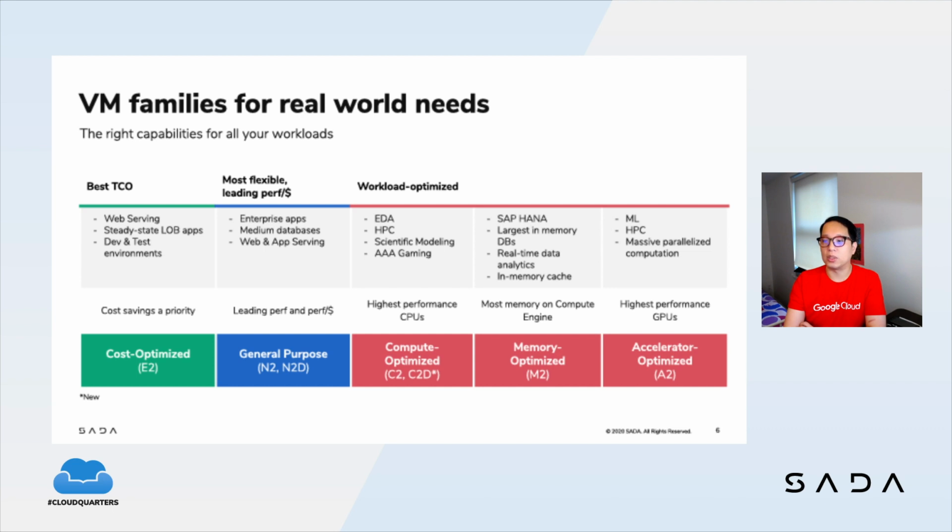Memory optimized with M2, and if you want to use GPU or TPU, then we have the accelerator optimized family. These are prepackaged for certain predefined workloads, where you can have better TCO, or more flexibility, or you can run more workload on each node.